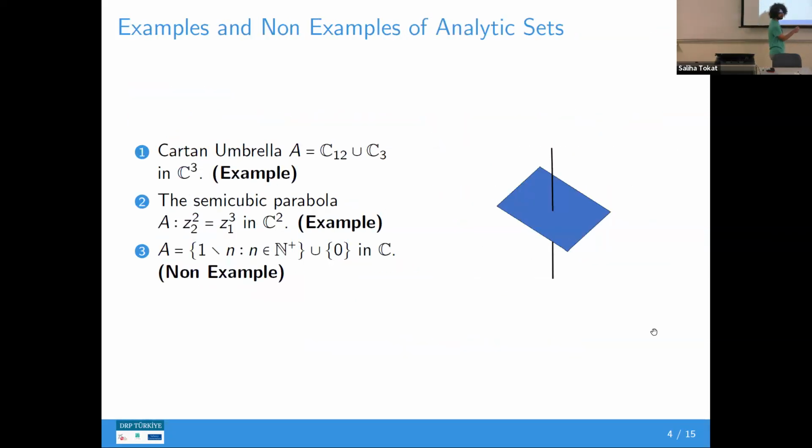If we consider the Cartan umbrella, what is the dimension at the intersection? The points on the line have dimension 1, of course, and the points on the surface have dimension 2. If we consider the intersection, the dimension is 2 because we are taking the lim sup.